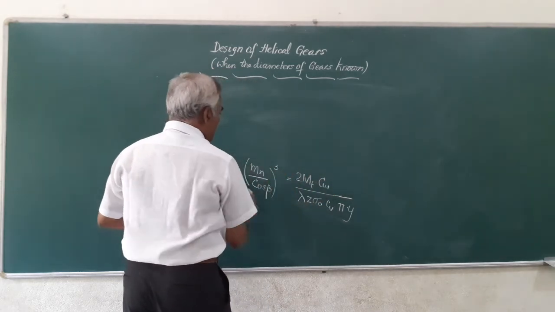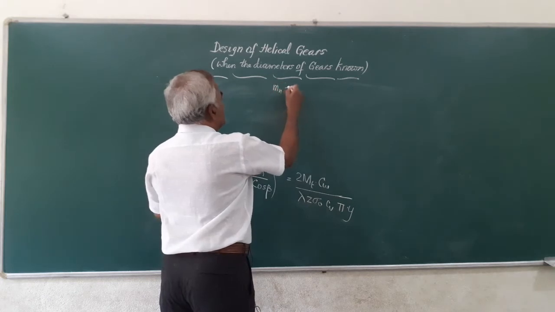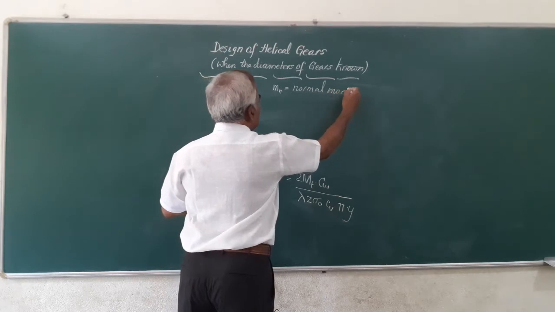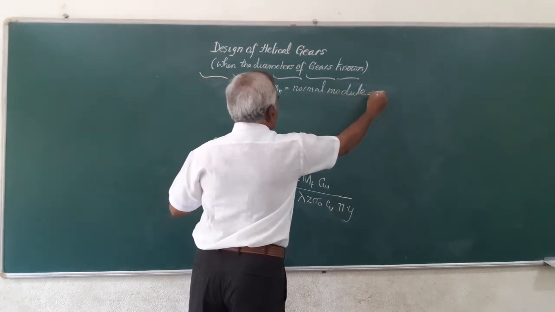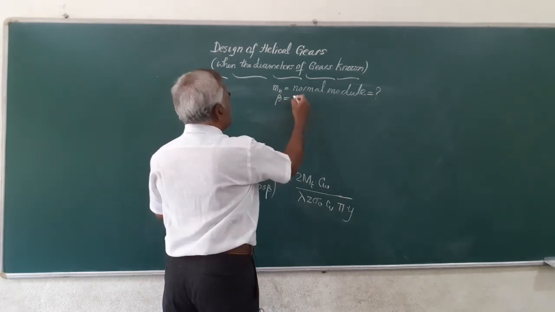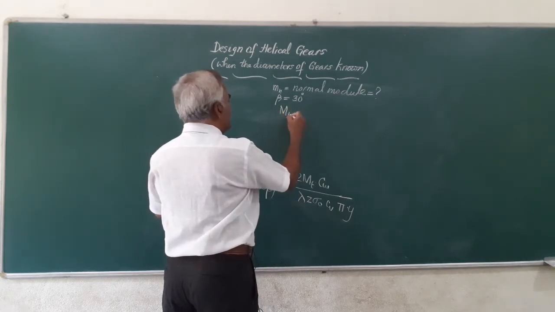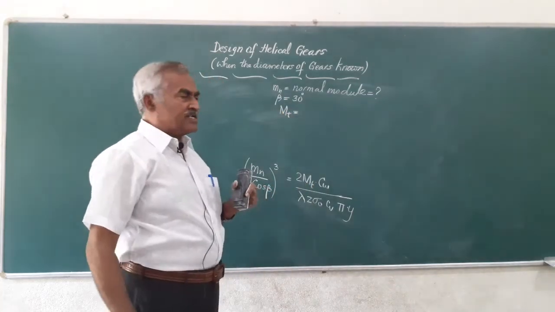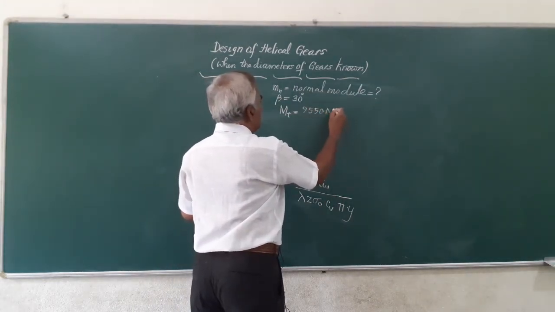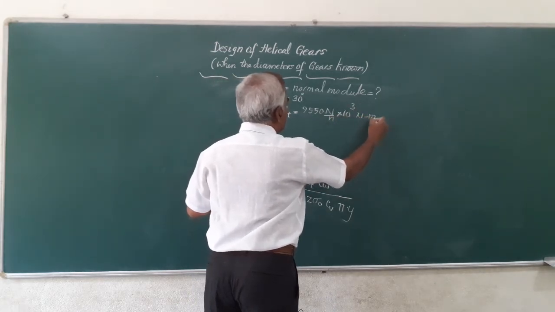Friends, here you can see this Mn is the normal module, that will be in millimeter, and that is to be found out. So you put it as a question mark. Then beta I have taken as 30 degrees in this problem. This MT on the right hand side is the torque to be transmitted by the gear pair, and that is given by the formula 9550 N by n into 10 to the power of 3 Newton millimeter.